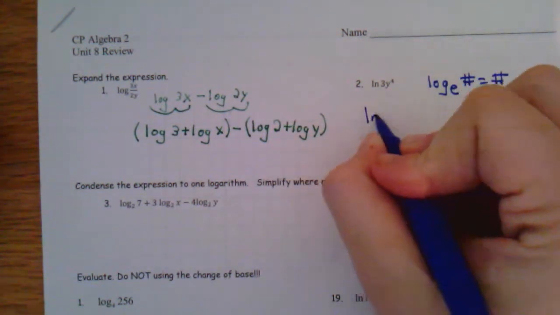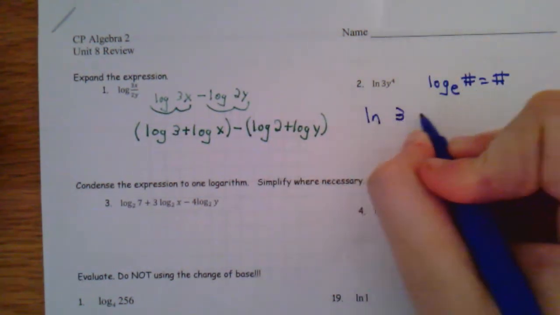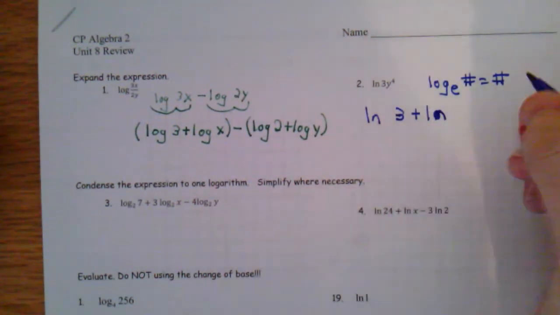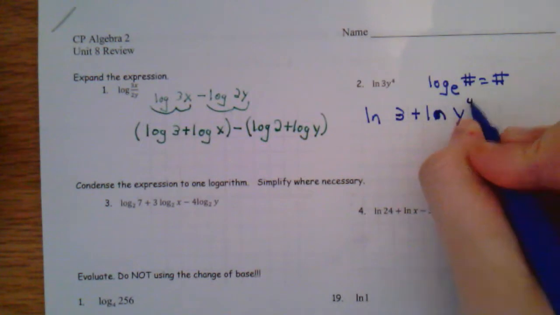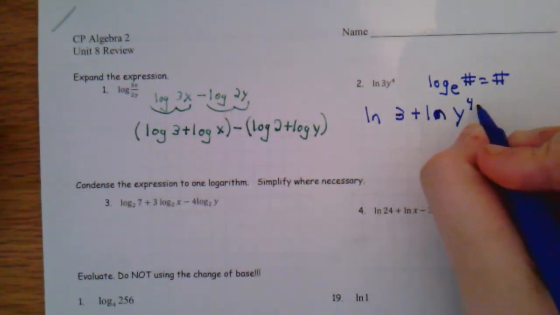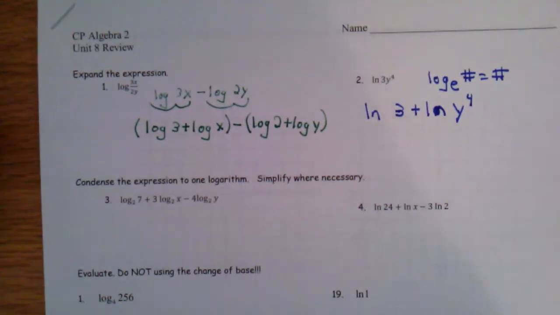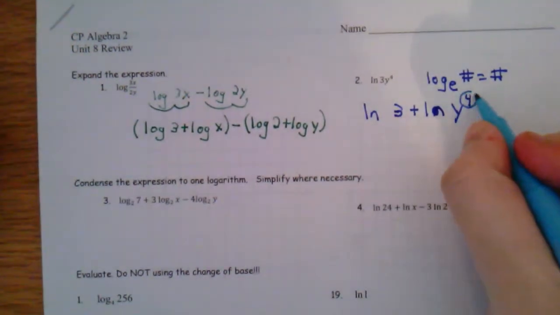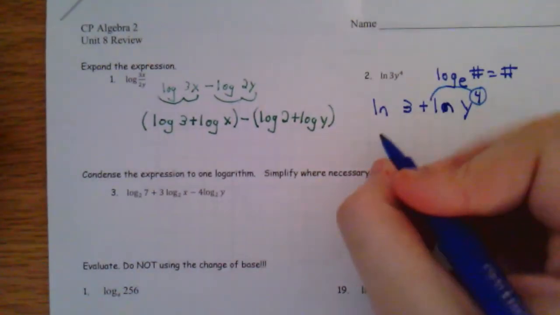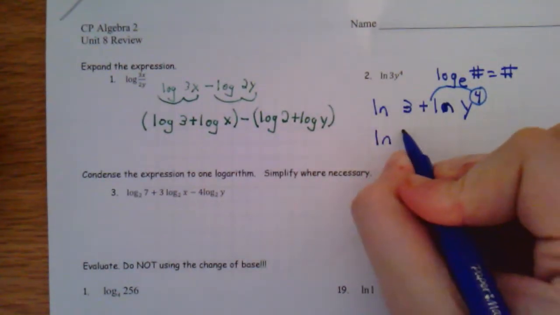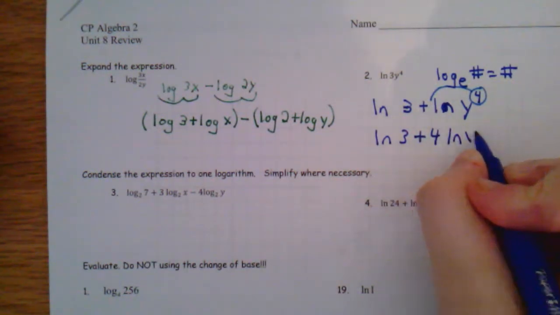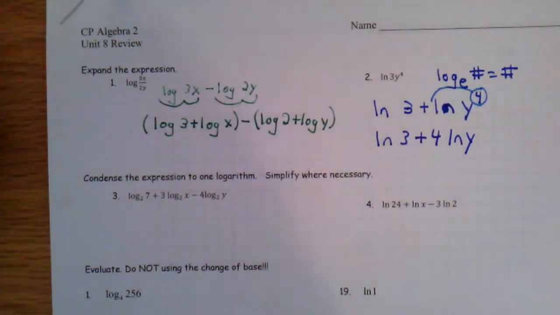So when you split this up, you're going to get that ln of 3 plus that ln of y to the 4th. And then if you recall, our third property was talking about these exponents. So these exponents kind of come forward to the front. And so what you're really going to get your final answer to be is ln of 3 plus 4 ln of y. The exponent kind of goes away.